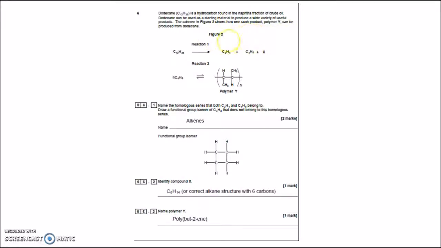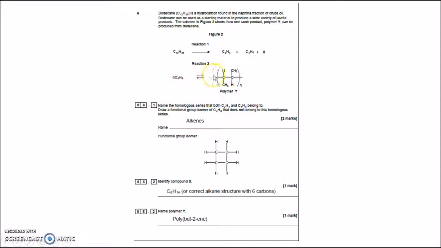Well, left to right, it's making heat. Right to left, it will take in heat. So if I'm providing heat to the system, the way that it can shift and oppose that change, in other words, lower the heat, reduce the heat, make it cooler, is by going right to left, because left to right it makes even more heat.